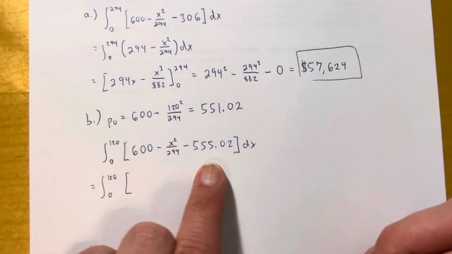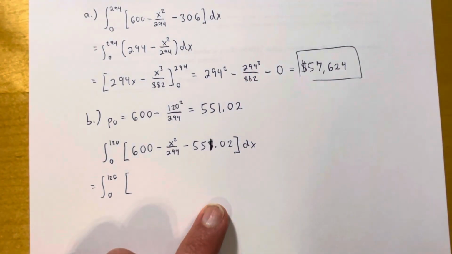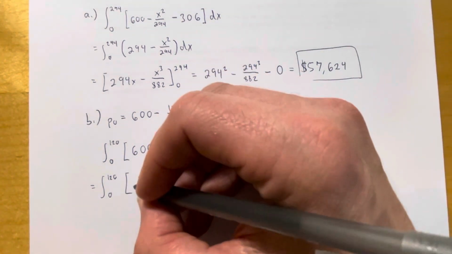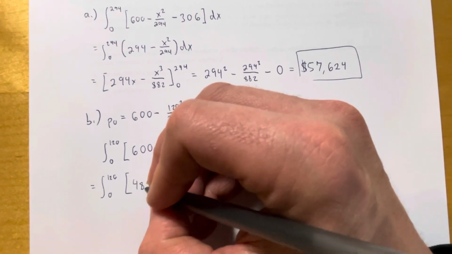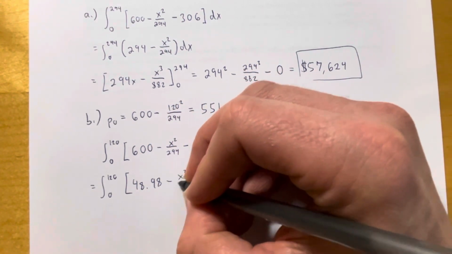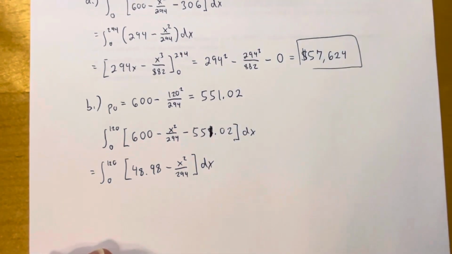Simplify, so do 600 minus this, that should be a 1, sorry. Subtract these constants, and we end up with 48.98 minus x squared over 294 dx, okay?